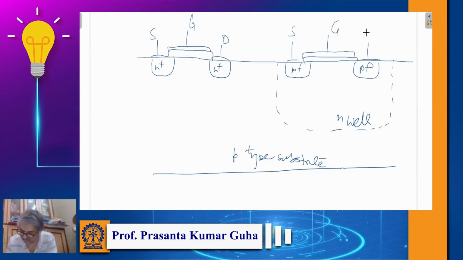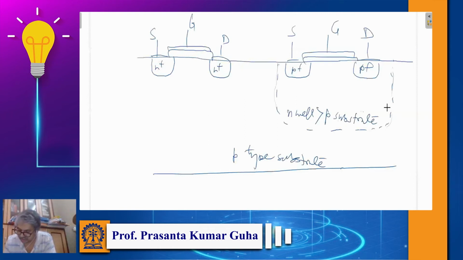So here we realize PMOS in the N-well, and in the p-type substrate we realize NMOS. So what is an N-well? In the N-well, we intentionally dope some part of the p-type substrate region to make it n-type. So this N-well has a doping concentration a little bit higher than that of the p-type substrate.